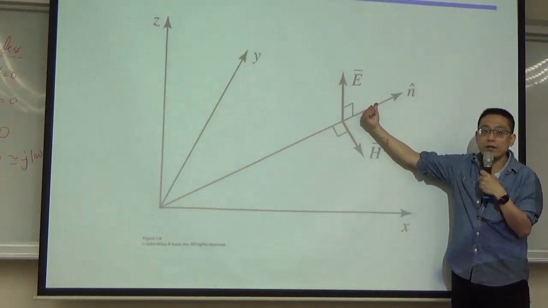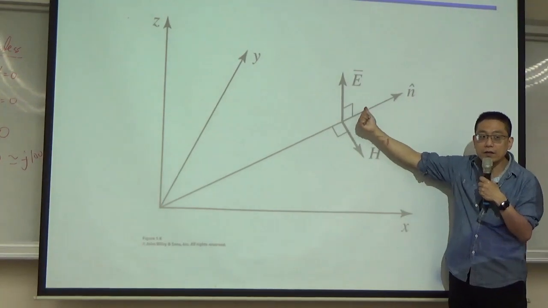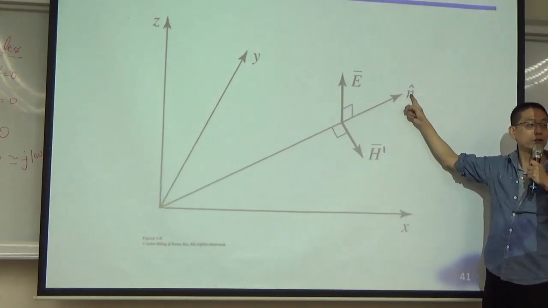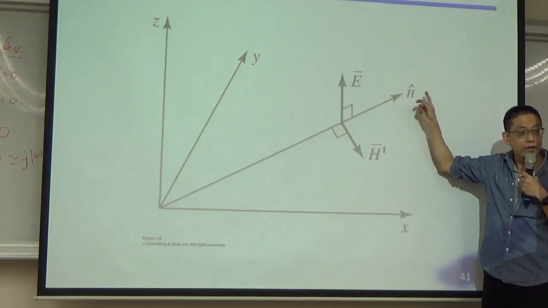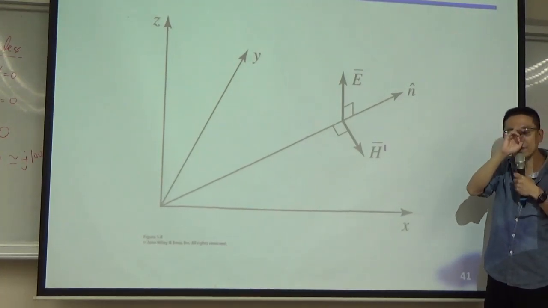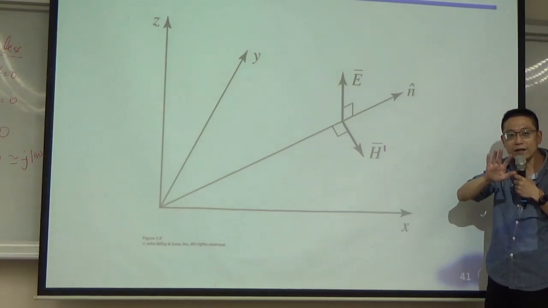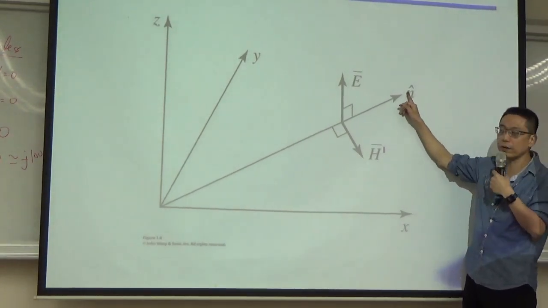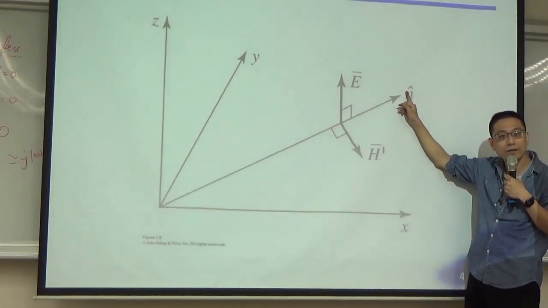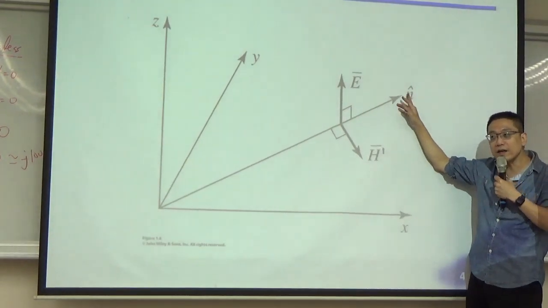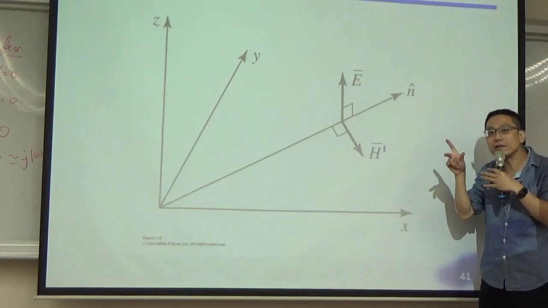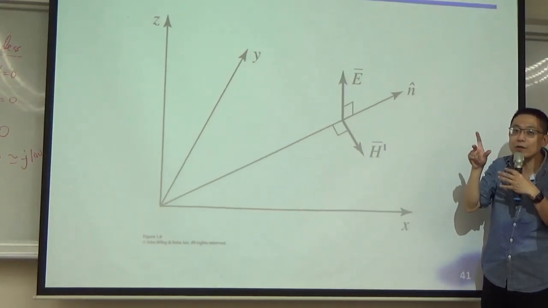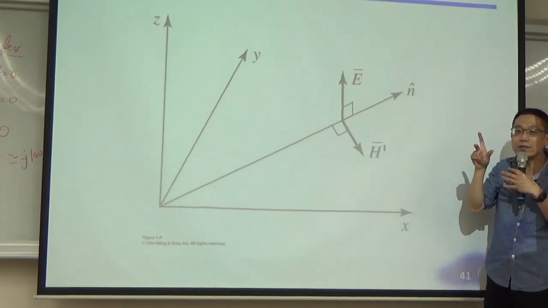An EM wave is traveling in the n direction, some direction. It is still a plane wave. It's traveling in not x, not y, not z. I tell you that it's in the n direction. n is a combination of some x, some y, some z, but not total x, not total y, not total z.